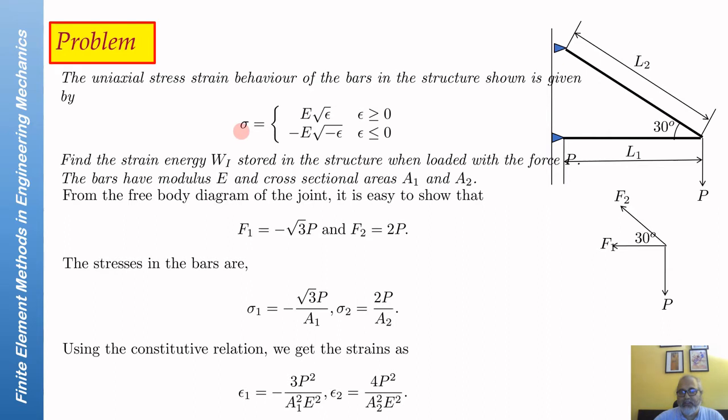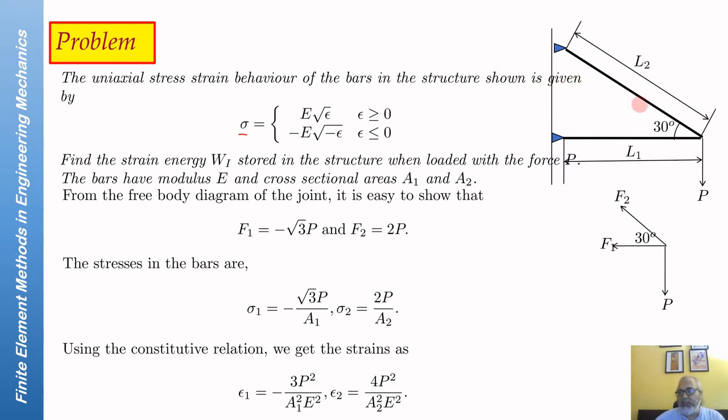So the uniaxial stress in the truss depends on the square root of the longitudinal strain when strain is positive, and it is minus the root of minus the strain when strain is negative, and the stress is also compressive. So it's a strange kind of stress strain relation, and we need to find out the total strain energy stored.